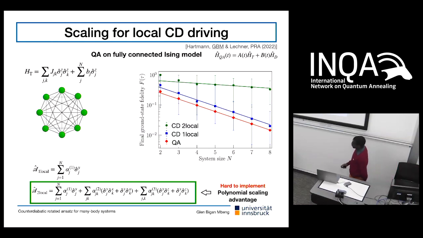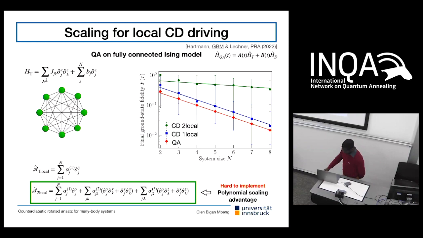So from here, what we would conclude is that this one-local approach for systems which have higher connectivity seems to be not suitable if one wants to scale and gain some scaling advantage or some advantage which improves with the system size. And this was actually our starting point, okay?